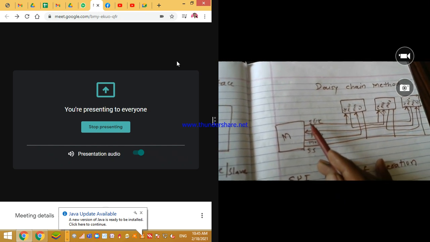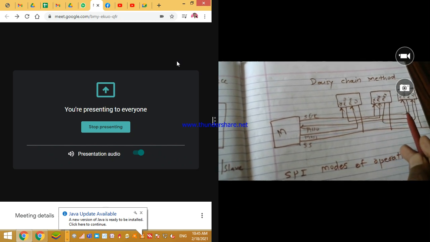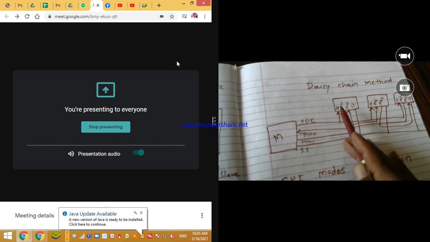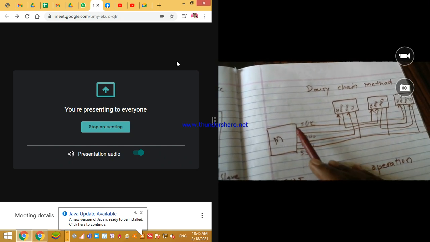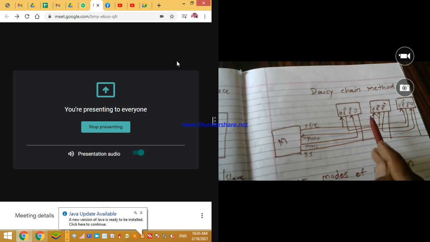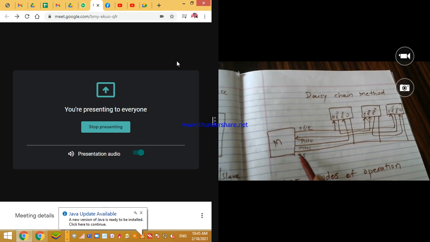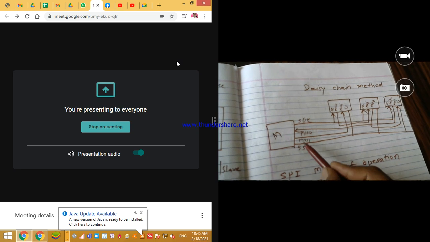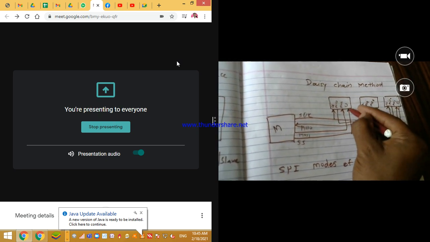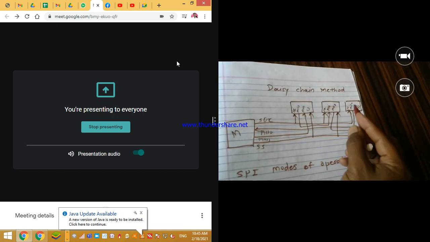First line, serial clock. This serial clock line is connected to all 3 devices, and the signal is going towards the slaves. See the arrows. Then the same thing for slave select also. A separate line goes, and on that line each slave is connected.